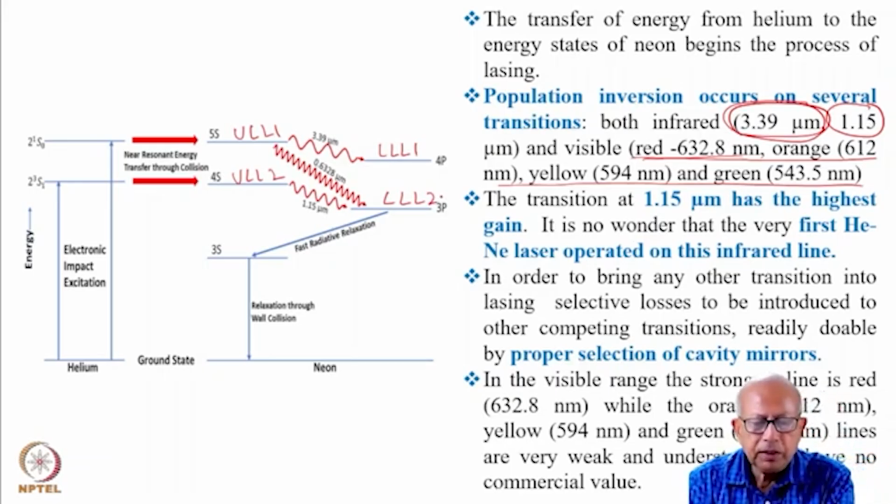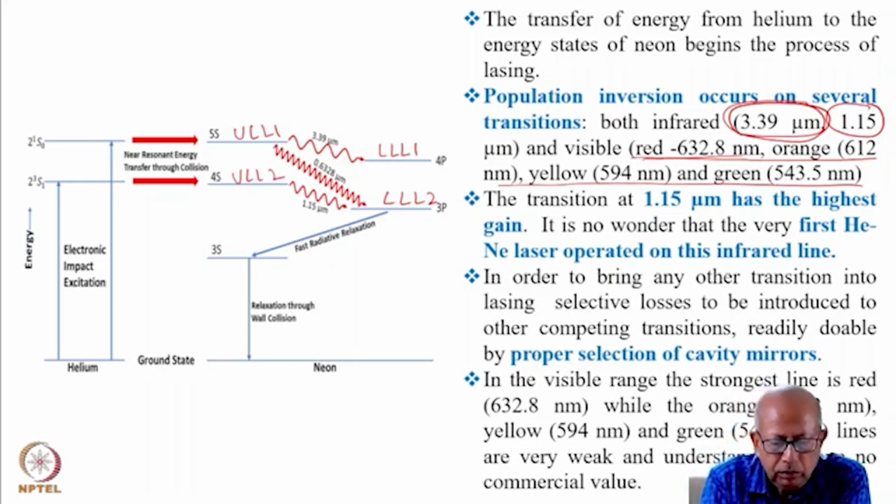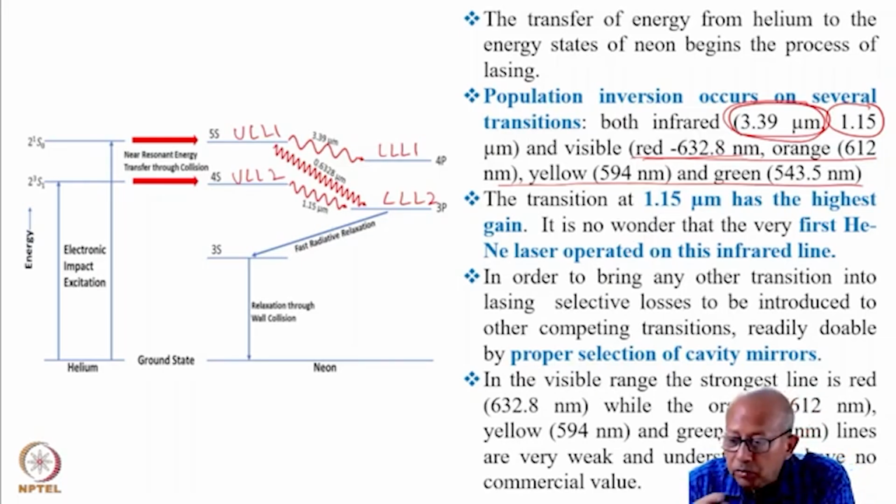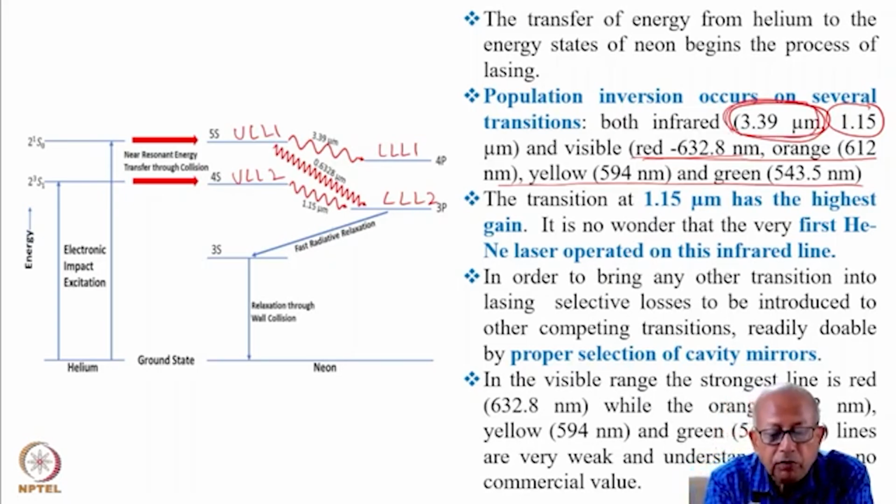That neon presents multiple lasing transitions occurring from two sets of upper and lower laser levels has been discussed in the previous class. I am not going into detail. So 3.39 micron originates from transition between upper laser level 1 and lower laser level 1.